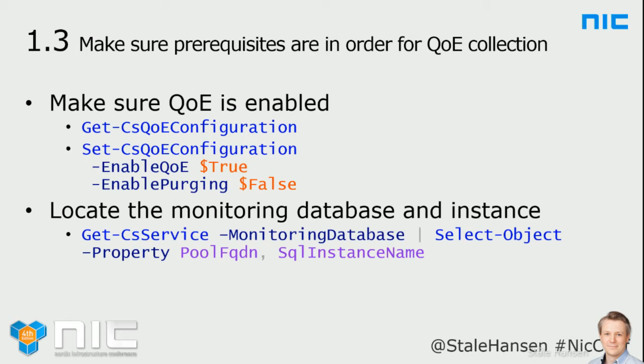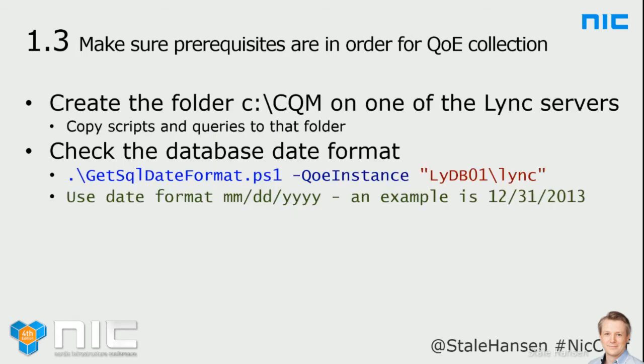And then we need to find the monitoring database instance, because no one remembers that. So you can run the PowerShell command Get-CsService -MonitoringDatabase, and then look for the pool FQDN and instance name. You create a folder called C:\CQM and copy over the tools to that folder.